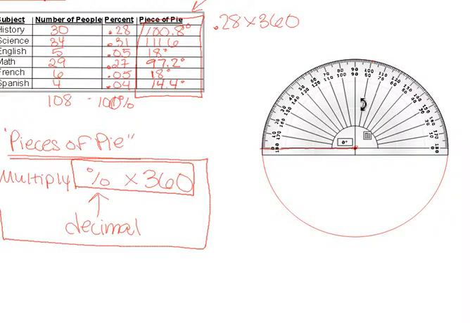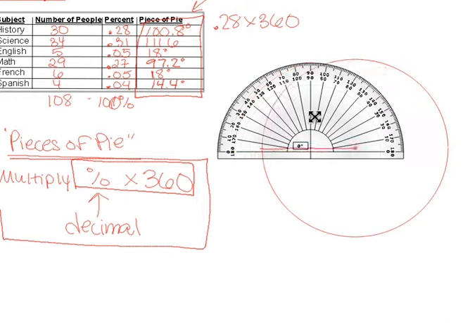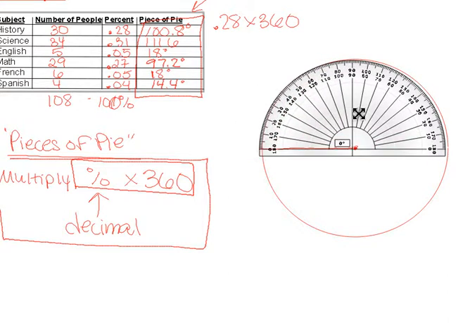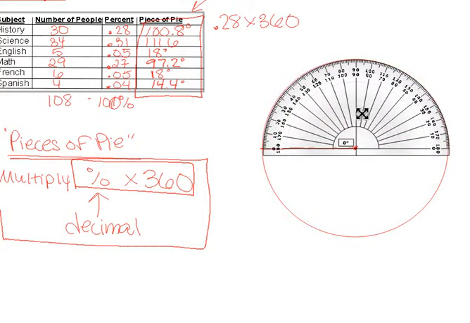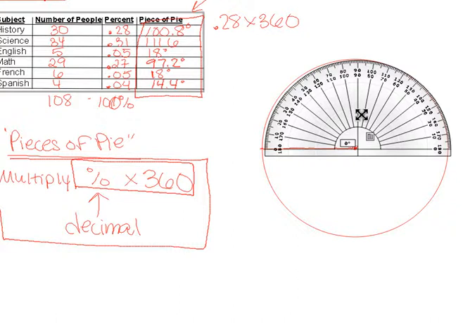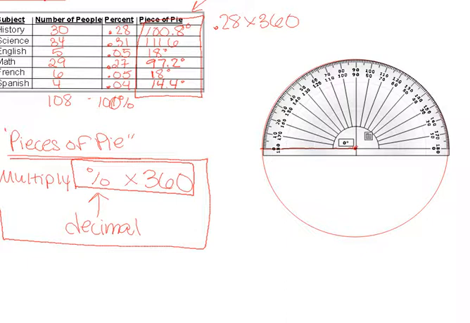And then what you can do is move, actually use a different color. Okay, so you want to have your mark at 100.8, which is almost 101.